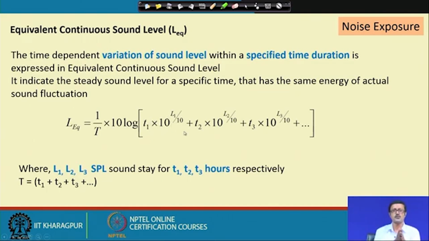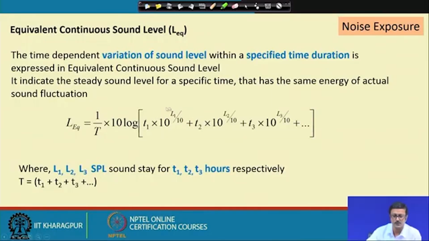So, some source of sound having an L1 SPL level stays for T1 hours. So, this will be the cumulative exposure effect of that particular sound. This is the cumulative exposure effect of the second source of sound, third source of sound, like that. You add it up.